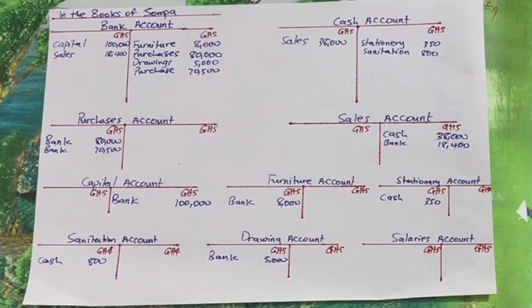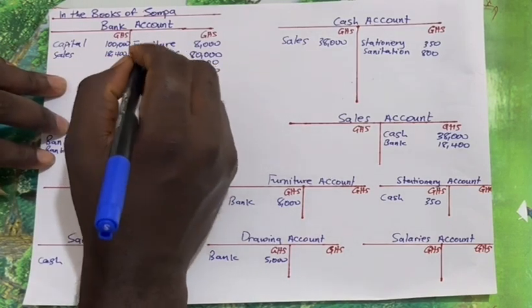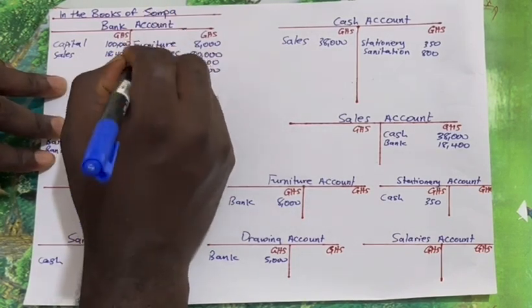The next one is withdrew check for office use, 10,000. That one is more like we are withdrawing check and bringing it into our physical cash. Do we get it? So it's between bank and cash. Here our bank will reduce.